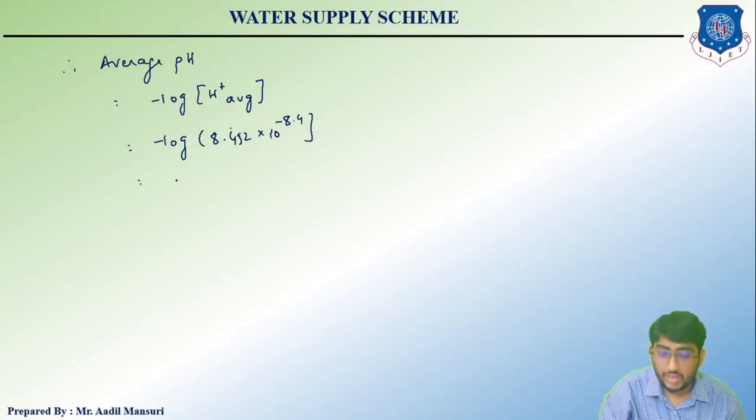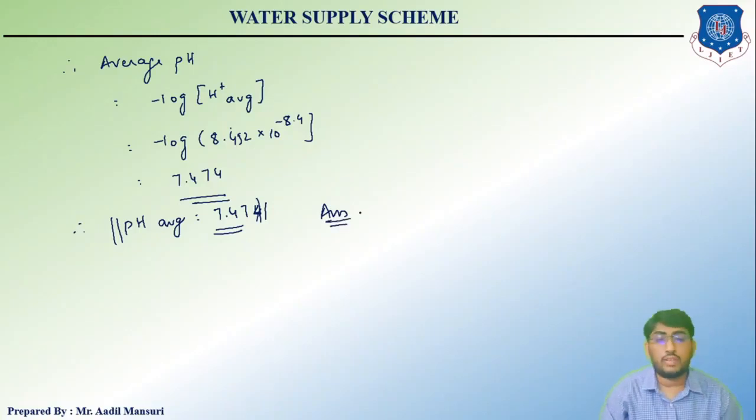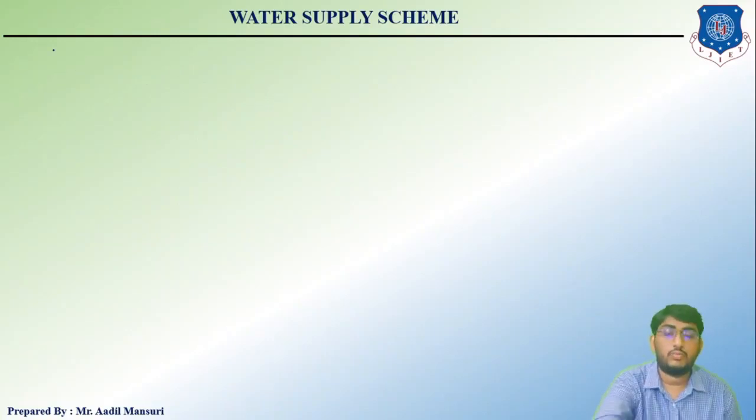So that will be equal to 7.474. Therefore our answer is pH average equals 7.474. So that is our answer. I hope you have got a clear idea.